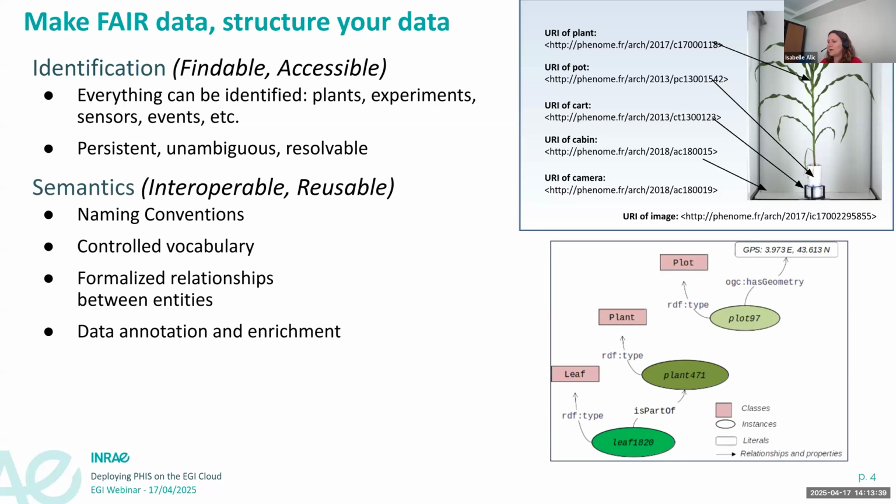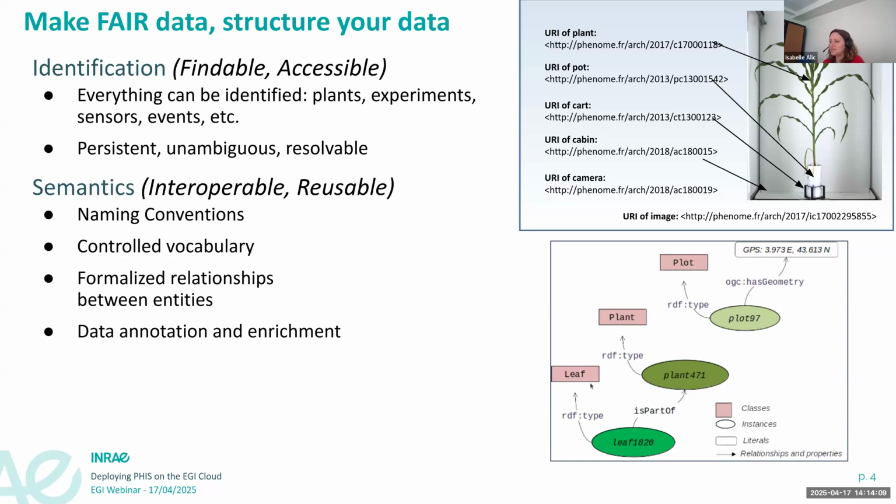First of all, we rely on ontology. We'll have an ontology describing the context of the information system. For example, we'll have a plant. This plant is declared of the type plant, so it has the properties linked to the plant object. This leaf is part of this plant, so we know the relationship between the plant and the leaf, but it's also of type leaf, so we have the properties linked to this leaf.